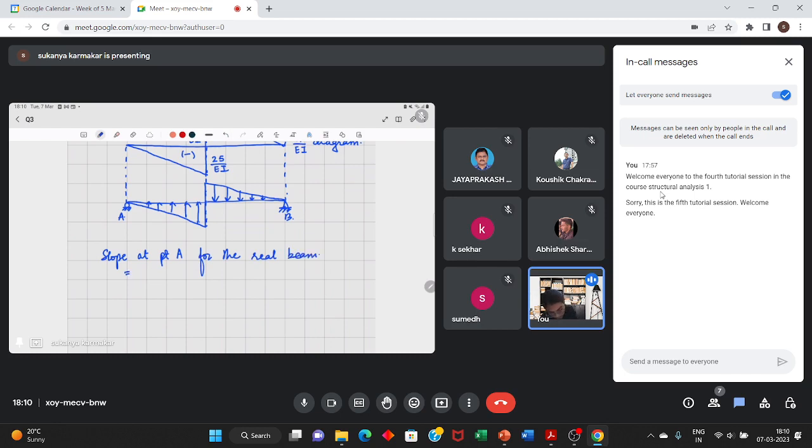is equal to shear at point A in the conjugate beam.